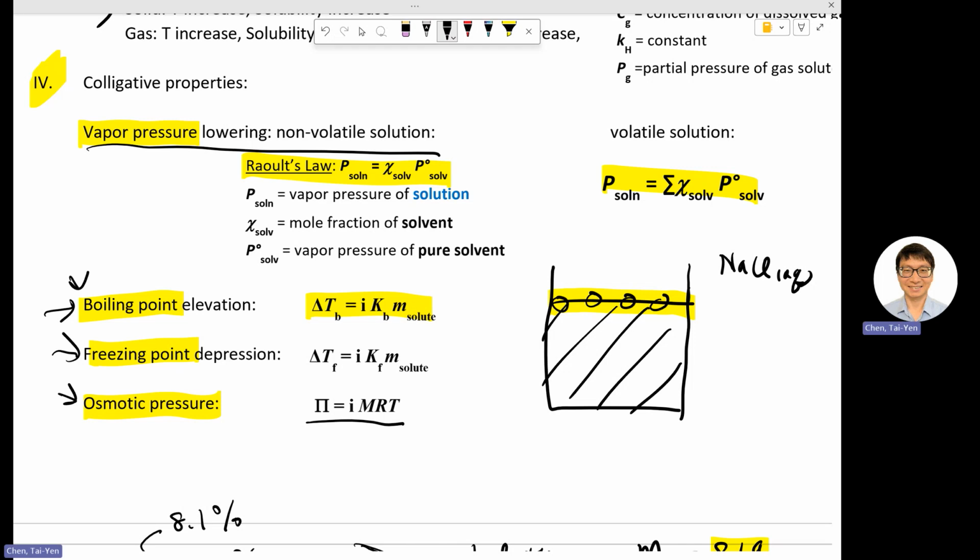Therefore, it's more difficult for them to align properly, so the net effect is to lower the temperature to make those things happen. That is why it doesn't matter what kind of things you throw in. Once you have that, you occupy the space that prevents the normal boiling and freezing point. So those are the things that we should know.